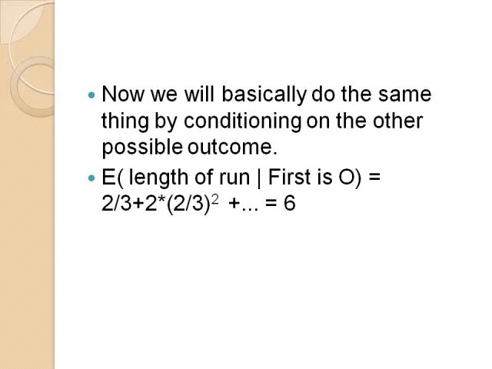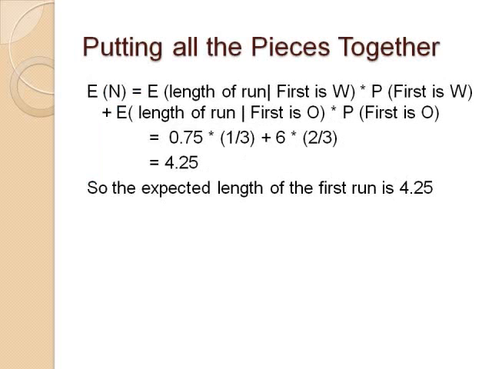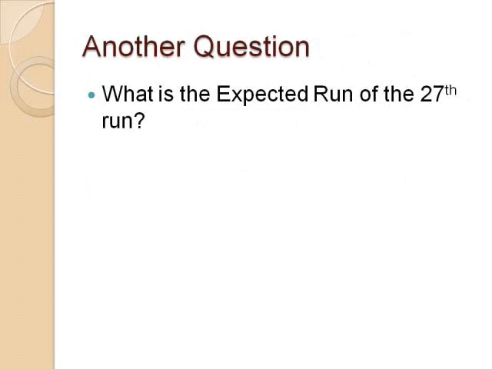So the probability is 2/3 and it's again a geometric sum and the sum comes out to be 6. So when we put all the pieces together and all the values back in the formula, we get the value of 4.25. So 4.25 is the expected length of the first run.